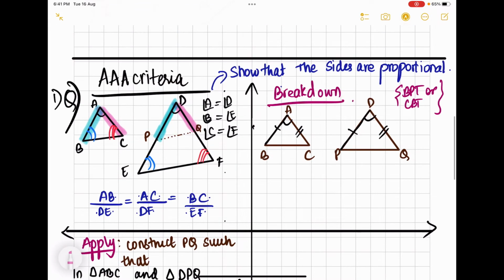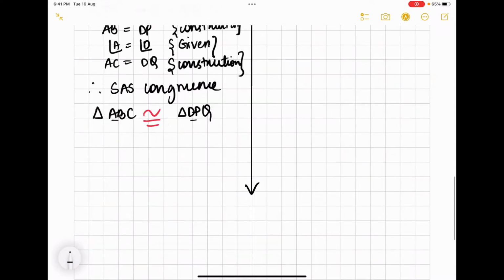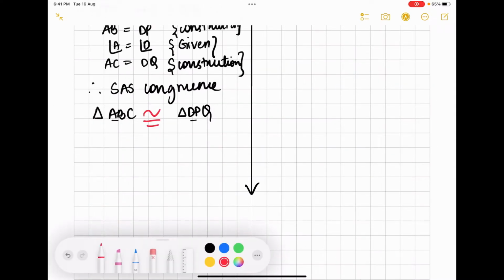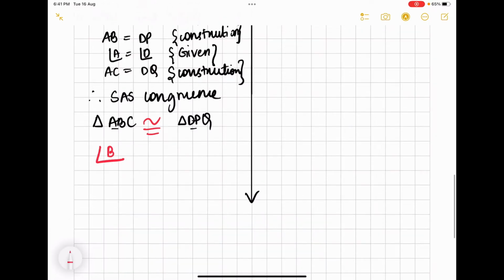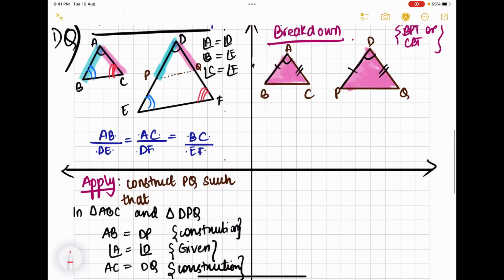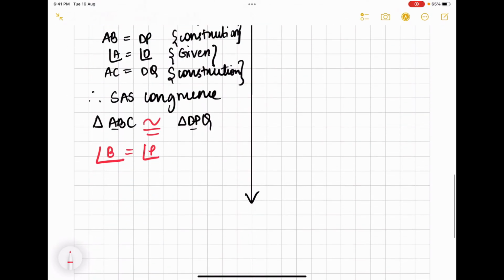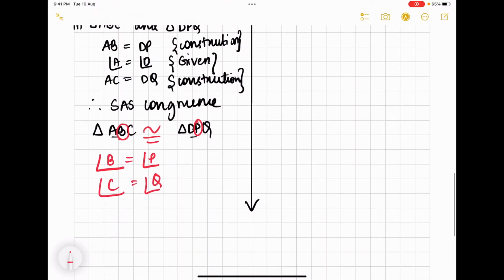That means this triangle and this triangle are exactly identical. By our congruency, by CPCT, I can get that angle B will be equal to angle P, and angle C will be equal to angle Q. This is by corresponding parts of congruent triangles.